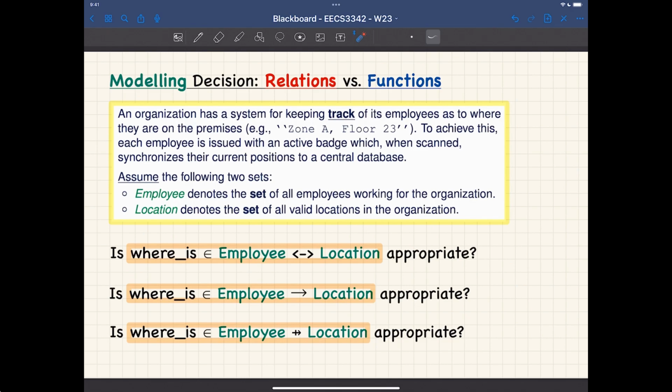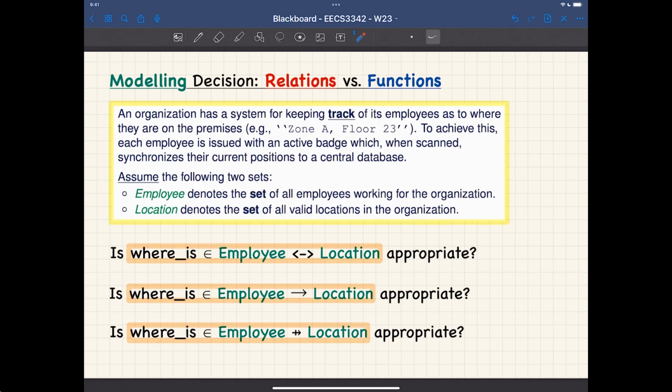Okay, either we can say this tracking tool, let's call it where, is a relation, or we say where is a total function, or we say where is a partial function. All right. I can tell you that in this scenario, there's only one correct answer, but it's equally important to know why the other 2 are not appropriate. You need to find exactly some scenario that wouldn't make real sense. That's what we're going to do.